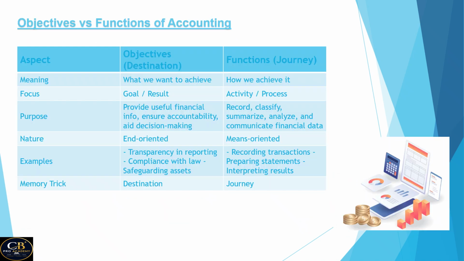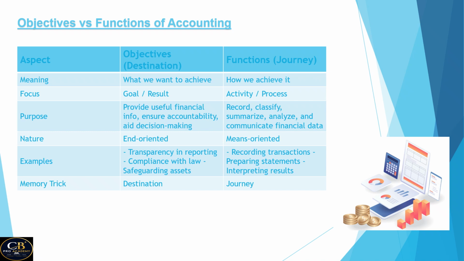Objectives versus functions of accounting. First of all, the difference between the meaning of these two. Objectives means what we want to achieve. Function means how we achieve it. Focus: objectives mainly focus on goal and result. Functions mainly focus on activity and processes.